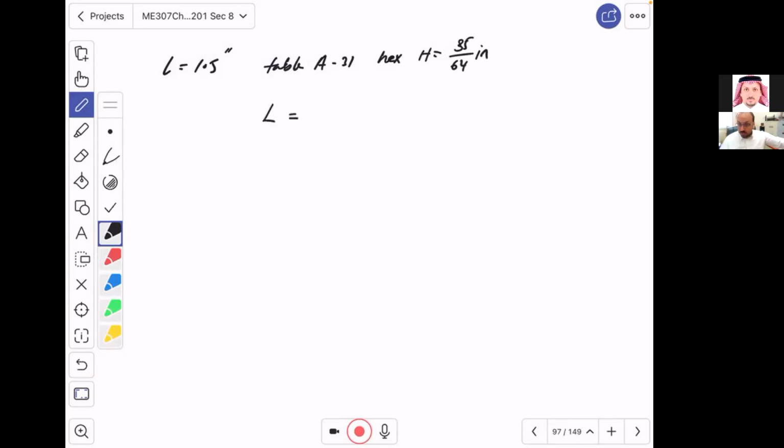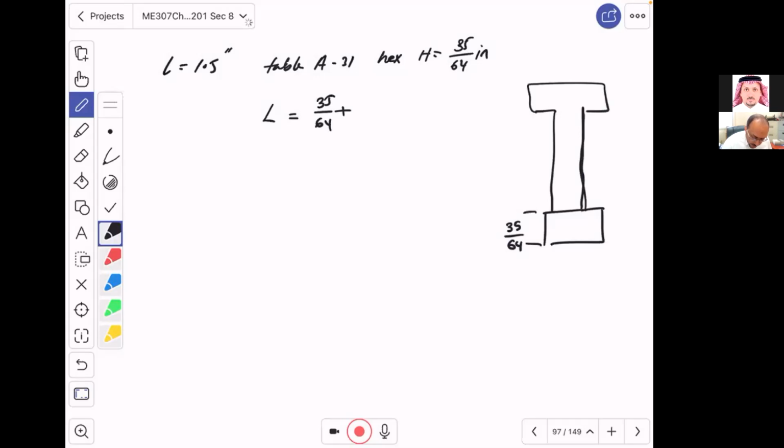In the solution, it is showing you that the total length of the bolt, which was given to us, is 2.25 inches. If we want to know how to estimate it, we first need to add the height of the hexagonal nut, which is 35/64, plus the bolt should at least have the same height as the grip.